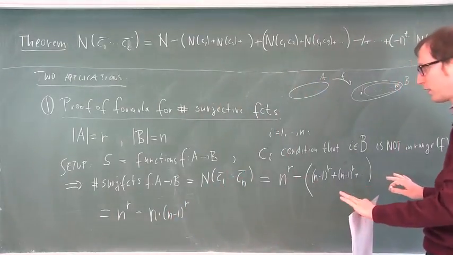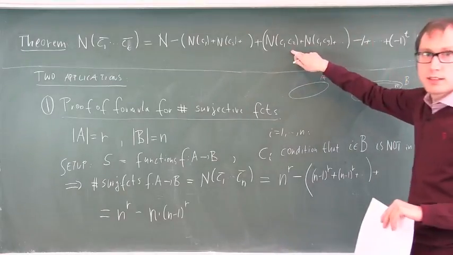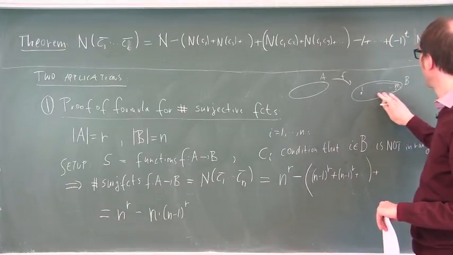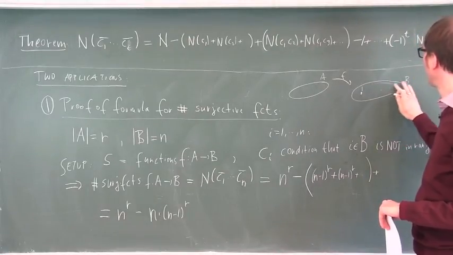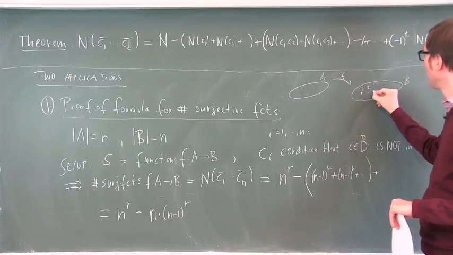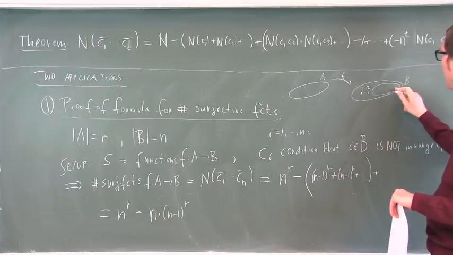Well, we haven't finished our calculation. Now plus, what about N of C1, C2? These are all the functions going from A to B, such that 1 is not in the range and 2 is not in the range. So essentially, this means the range is contained in this smaller set.